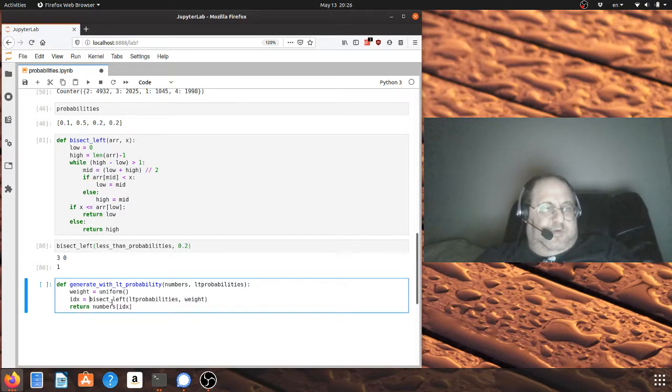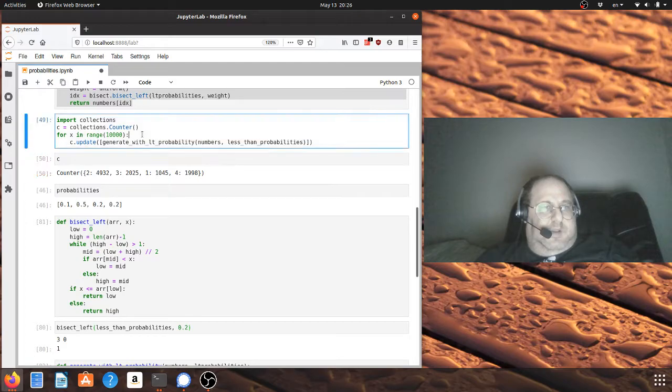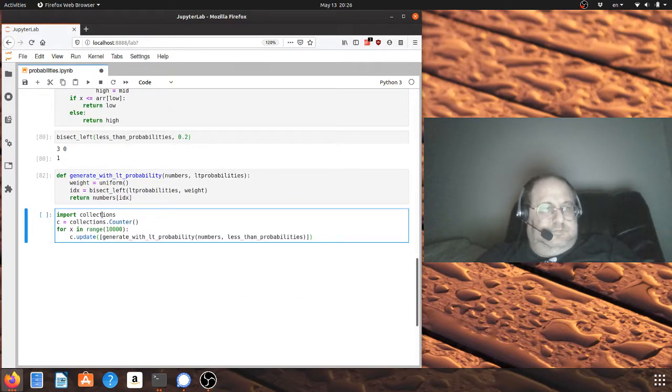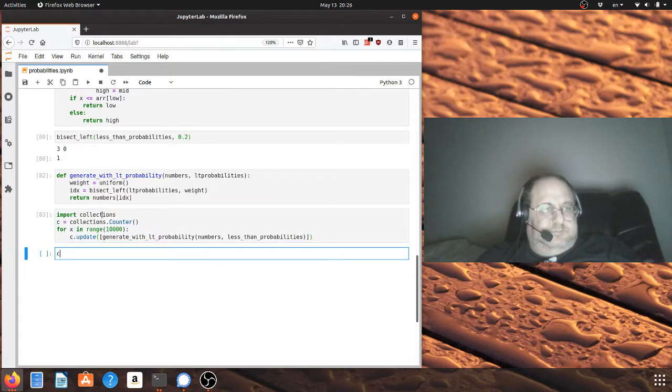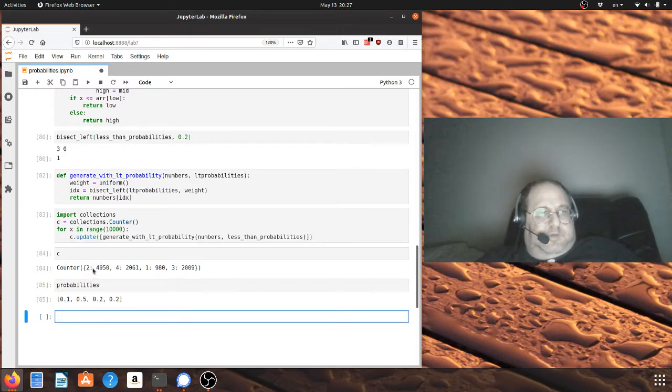So now we're using our own bisect left. And again, if you look at the probabilities, then 2 is about half, 4 is about 0.2, 3 is about 0.2, 1 is about 0.1.